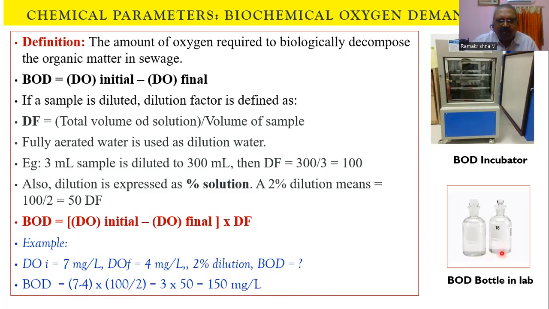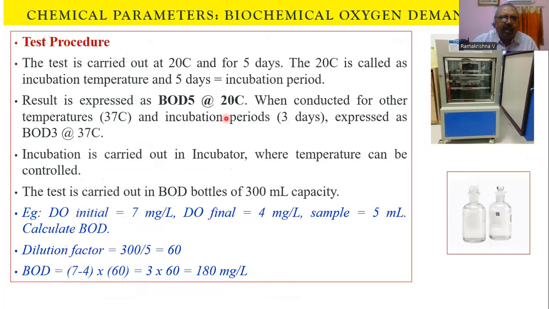So this is the BOD bottle, the 300 ml bottle that we normally use in the laboratory. And how the procedure is carried out, as mentioned now, involves the incubation period and incubation temperature. Once we apply this incubation period and incubation temperature, we express this in the form of BOD5 at 20 centigrade. BOD5 means BOD test conducted after 5 days at the incubation temperature of 20 centigrade.